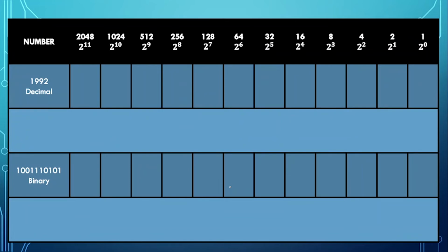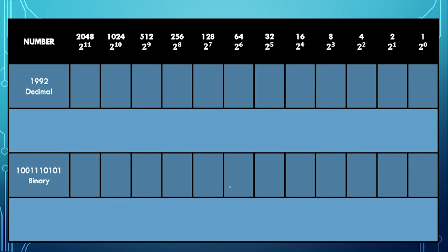Now suppose we have the number 1992 in decimal and we need to convert it into a binary number. Then the very first thing to be decided is what will be the highest power of radix.